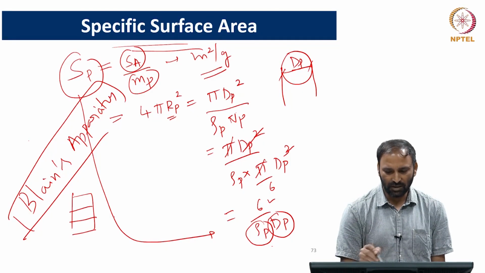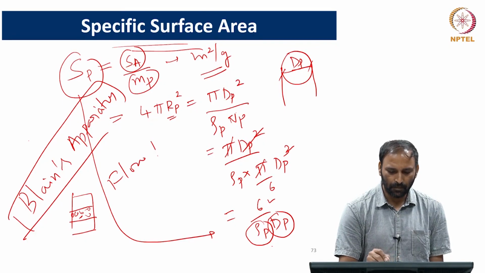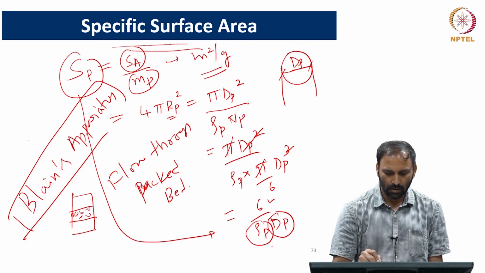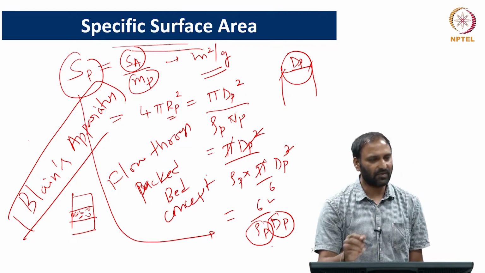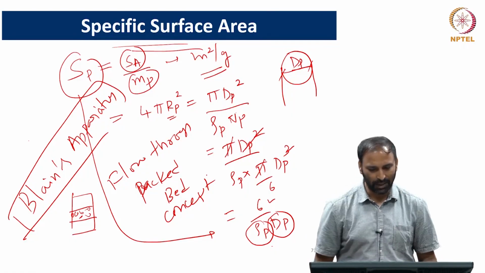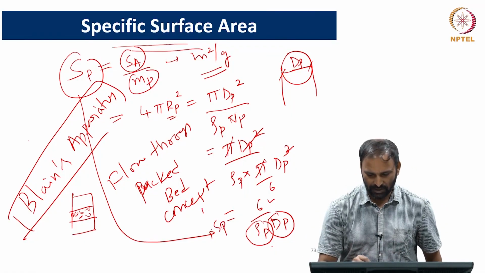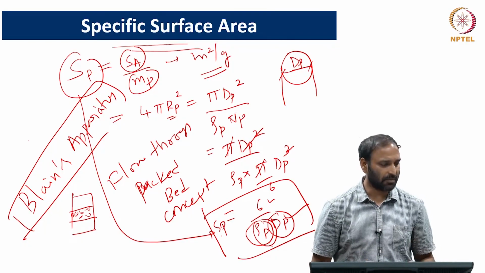So, if you have these particles, you make them into a powder, you make a bed of particles, and then you basically use the flow through packed bed concept to measure the particle surface area. So, we are not going to do that, but I think this is one of the simplest ways of measuring the specific surface area. You measure the size of the particle and the density of the particle, and then you get that.